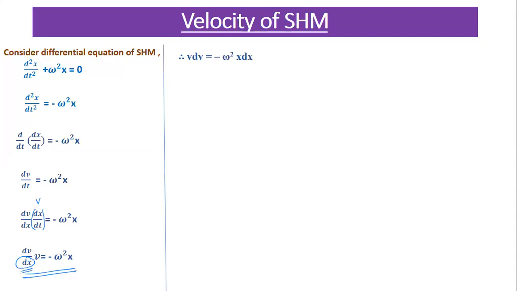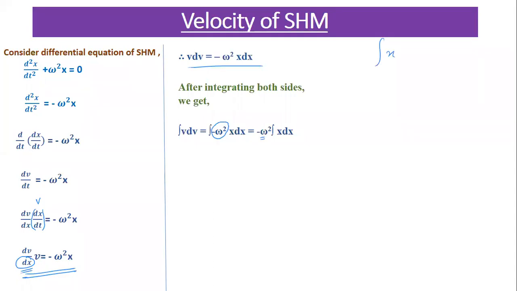So let me integrate this equation. After integration, we get integration of v dv is equal to integration of minus omega square x dx. But minus omega square is constant, so it is taken out. Integration of x dx, you know, is x square by 2.